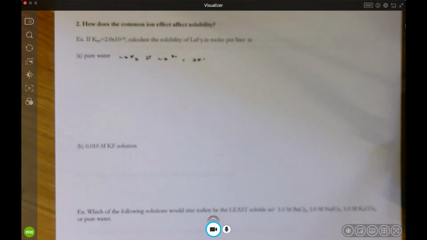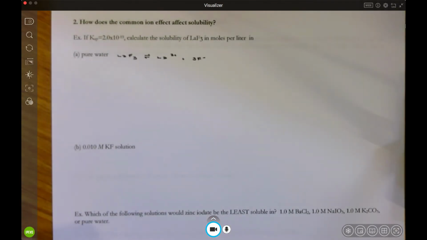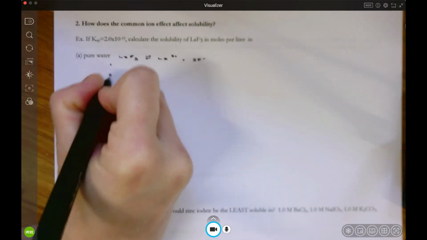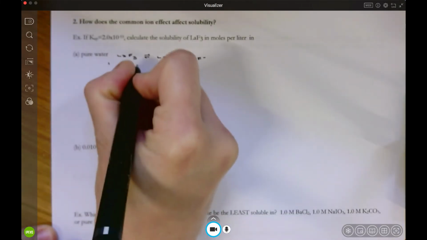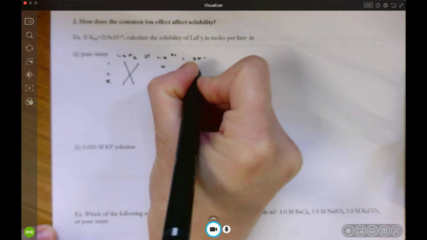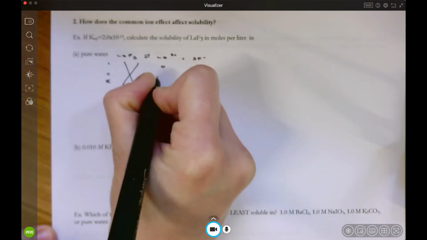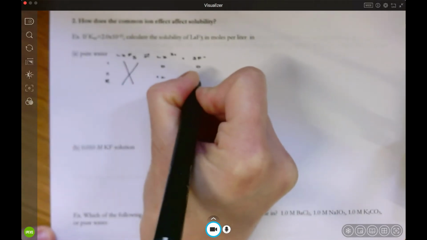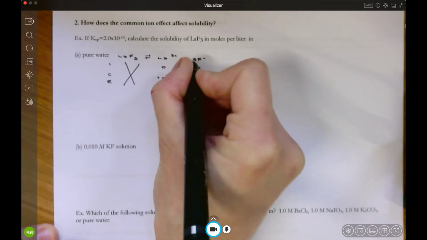Okay, so I know my Ksp value. Keep in mind I'm going to want to use an ICE chart. Okay, so I don't have any of either of these present, so it's going to be plus x, plus 3x, because there's a 3 coefficient.